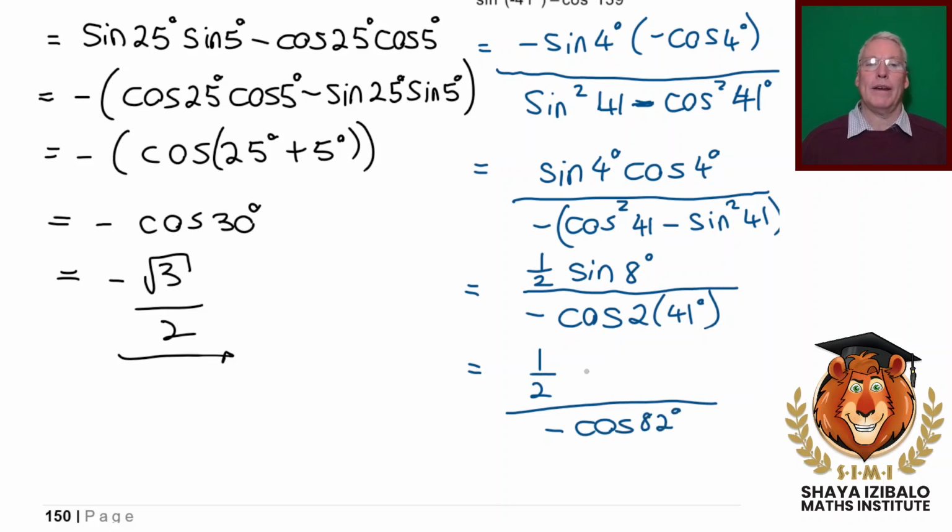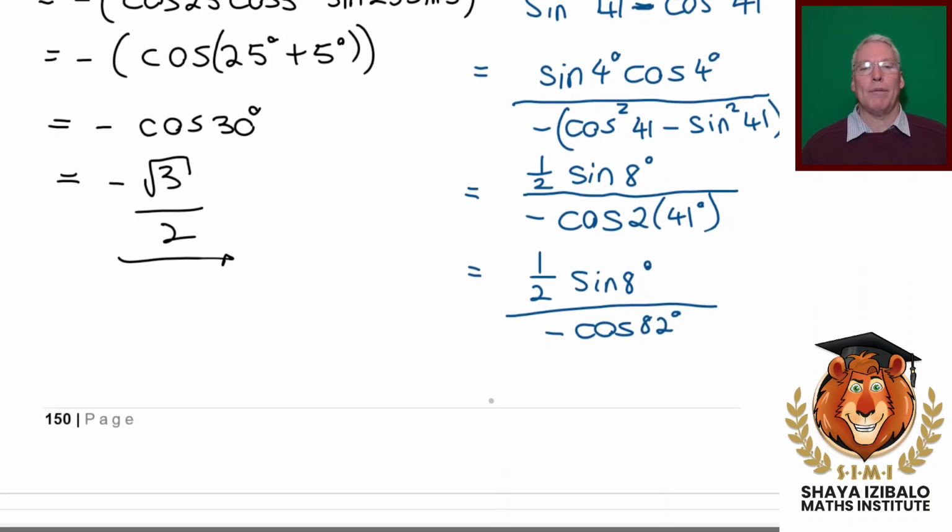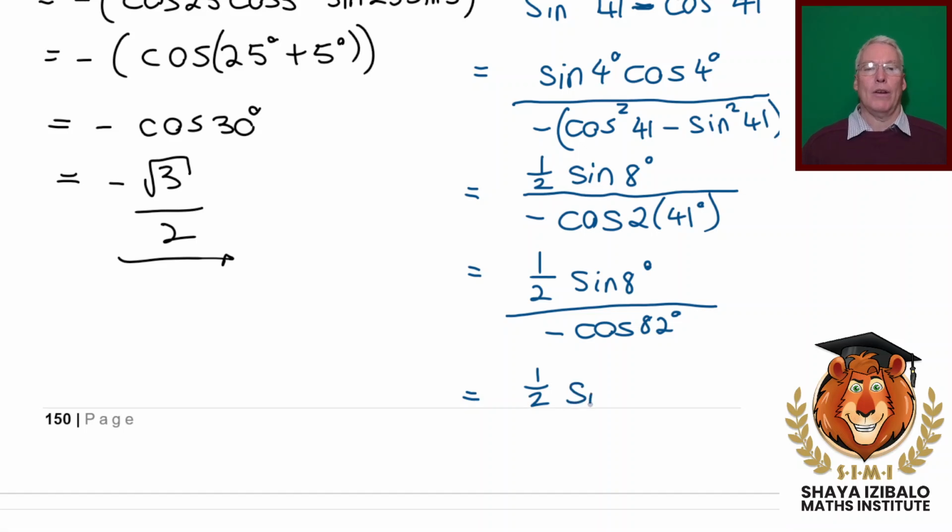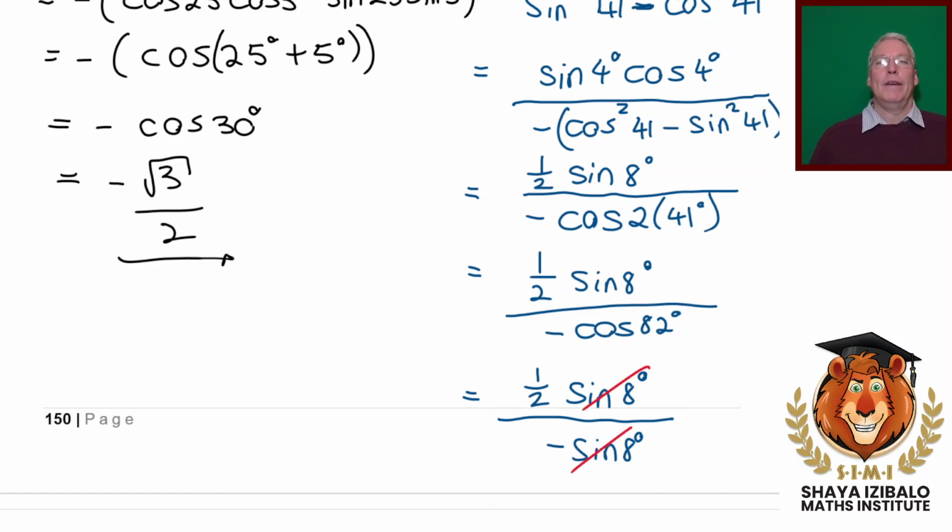But cos of 82 is exactly the same size as sine of 8 because we're 8 degrees away from a vertical axis. So we get half sine 8 and on the bottom, we've got negative sine 8. Cos 82 and sine 8 are exactly the same size. These divide out, and we get a final answer of negative a half.